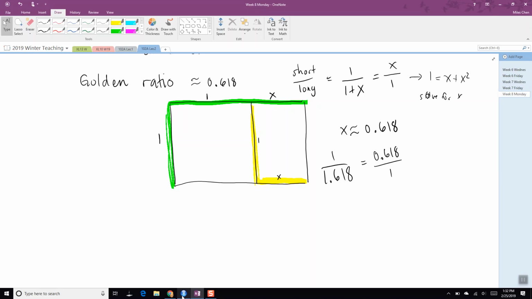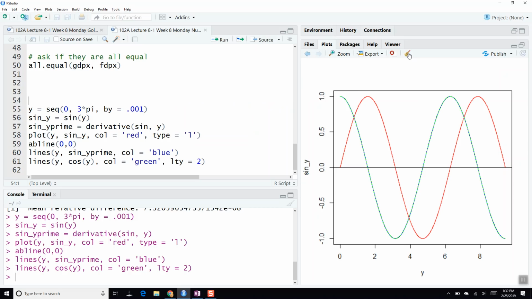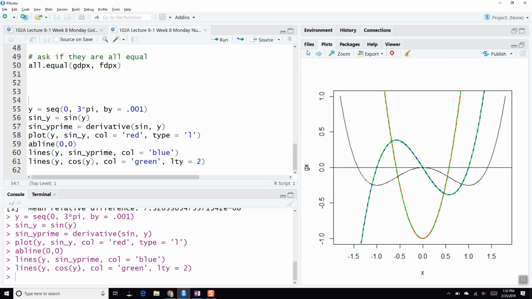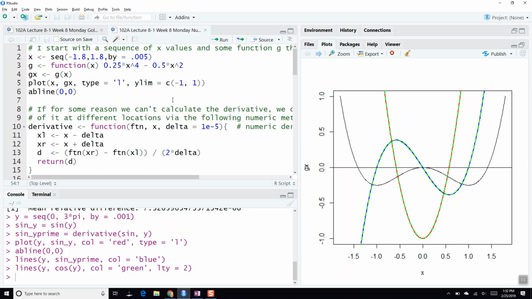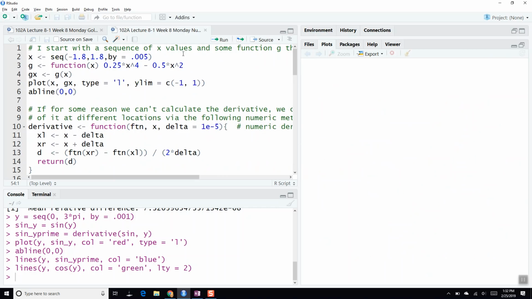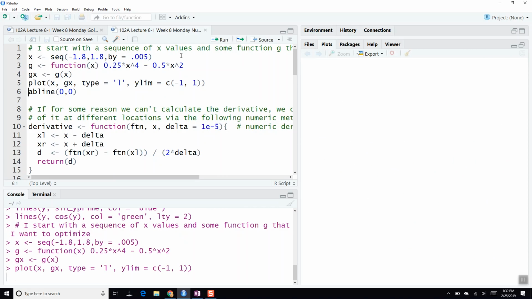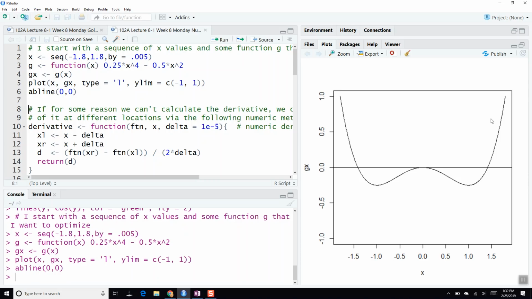Okay, so what we're going to do is take a look at this function, the original. Let me just clear all of this out. We're going to take a look at this function, but I'm going to just zoom in on the right-hand side.